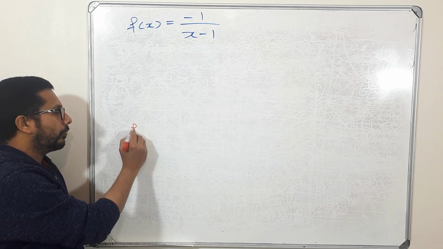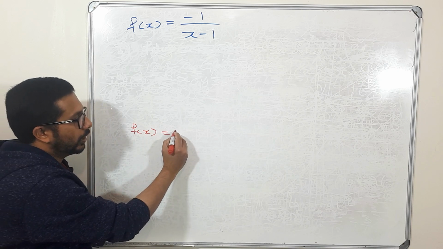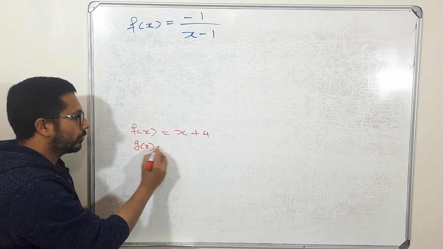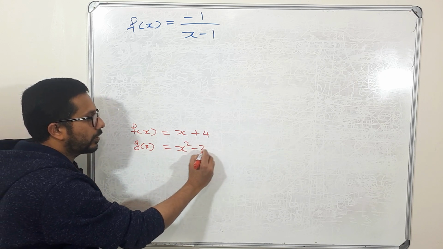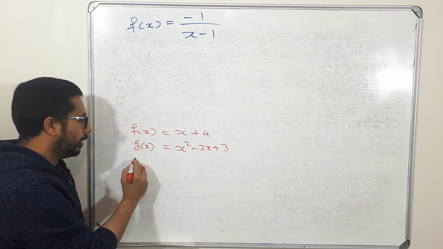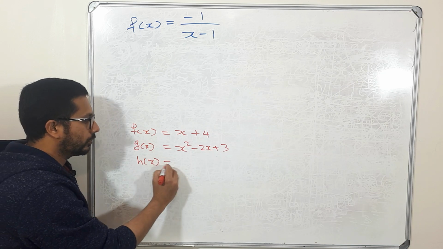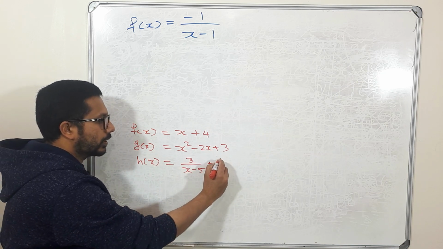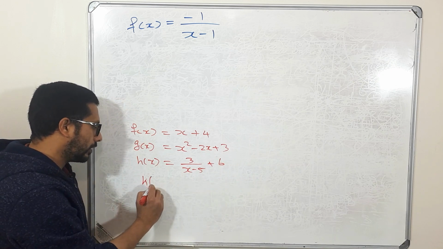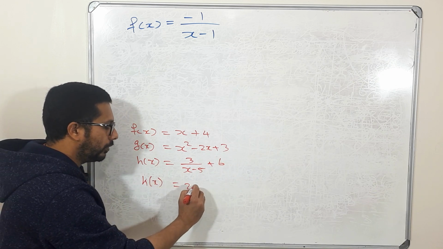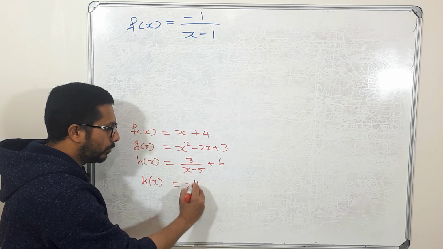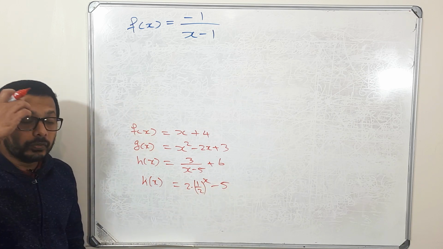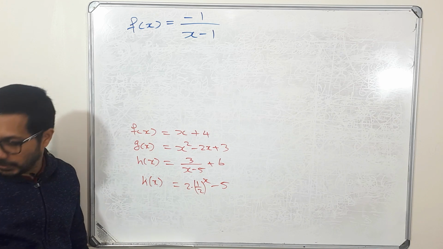If f of x is equal to x plus 4, g of x is equal to x squared minus 2x plus 3, h of x is equal to 3 divided by x minus 5 plus 6, k of x is equal to 2 into 1 over 2 raised to x minus 5. What type of functions are these?